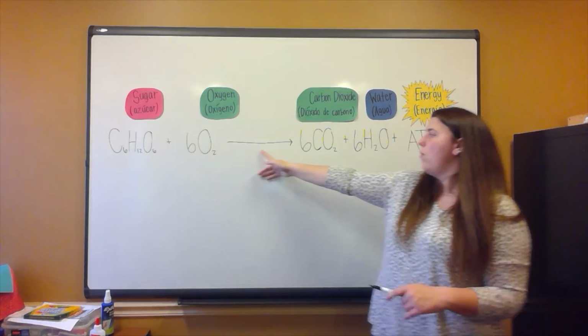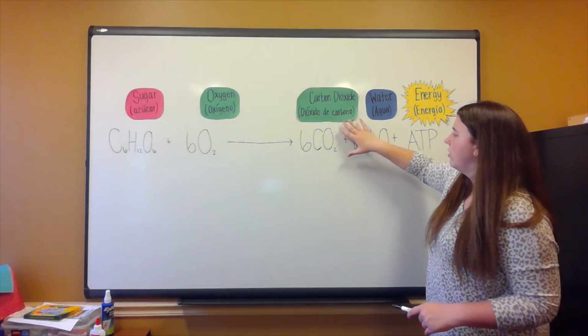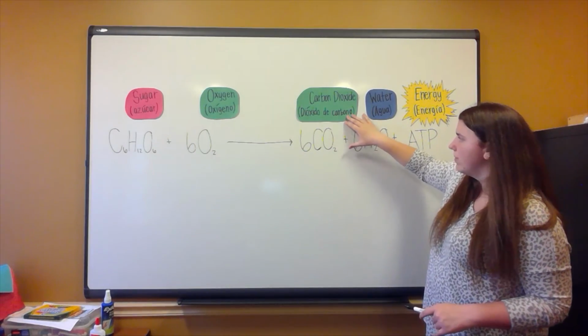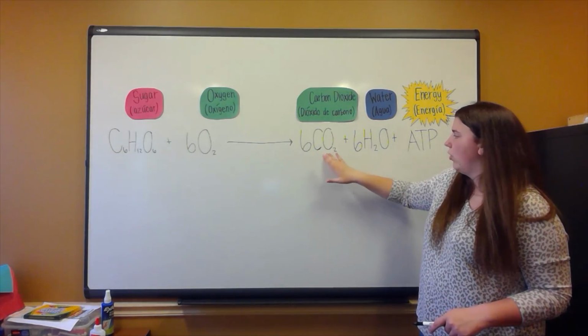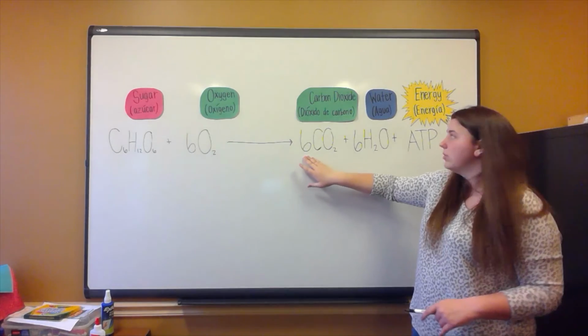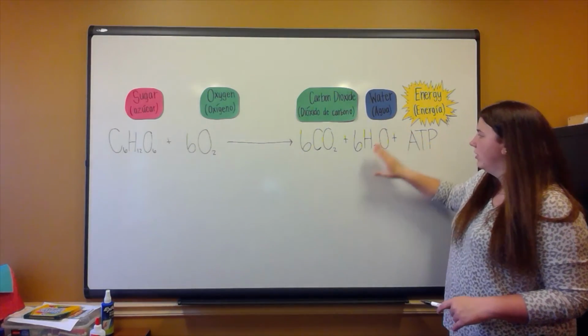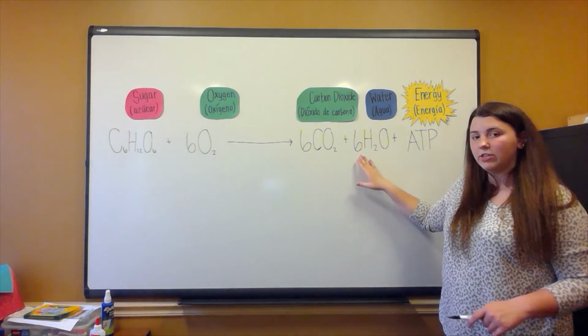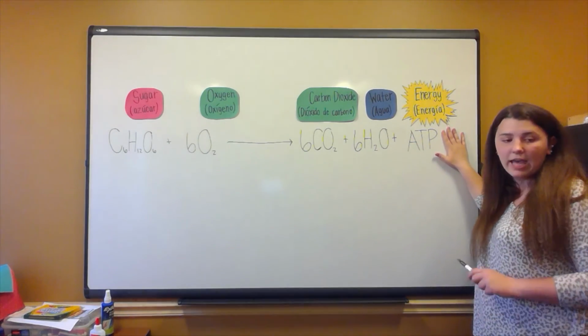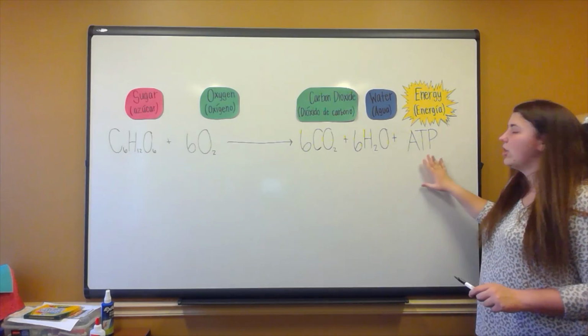And then we come the whole way across our arrow, and the first thing that we make is carbon dioxide, dióxido de carbono, which is CO2, and we make 6 of those. We make water, H2O, water or agua, and we make 6 of those. And lastly, we make energy or energía, which we call ATP.